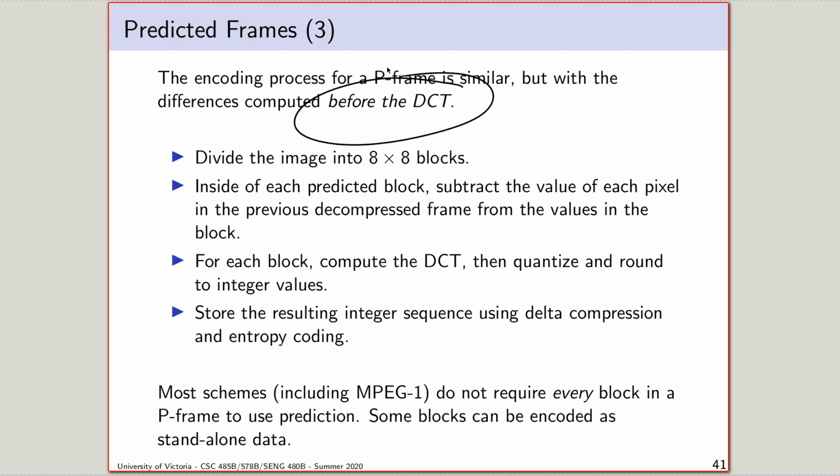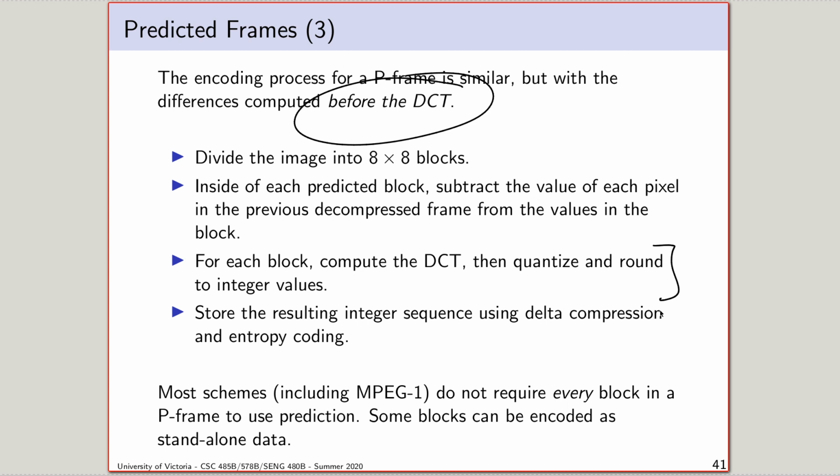So I divide the image into blocks. Inside of each block that I choose to be a predicted block, because some blocks I could just store from scratch, but if I choose that a particular block will be predicted using the previous frame, I subtract the value of each pixel from the previous decompressed frame from the values in the current block. Then I take this matrix of differences, compute the DCT, round it to integer values.